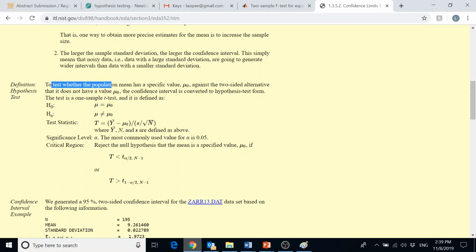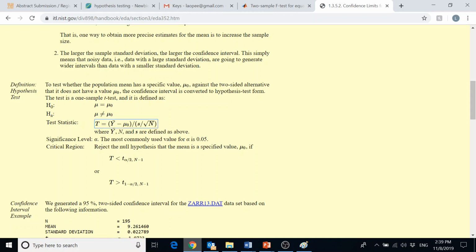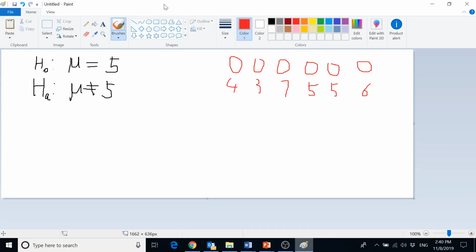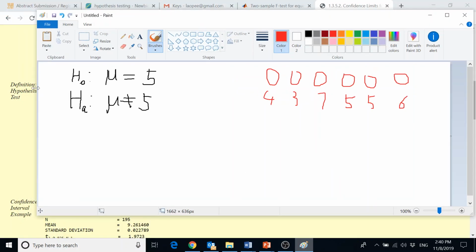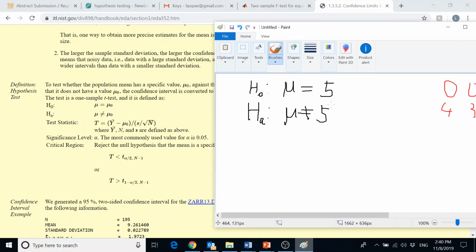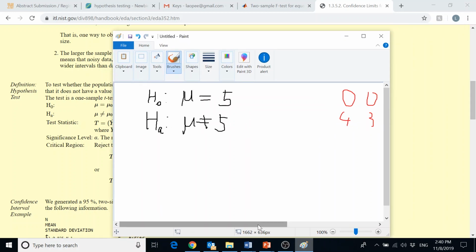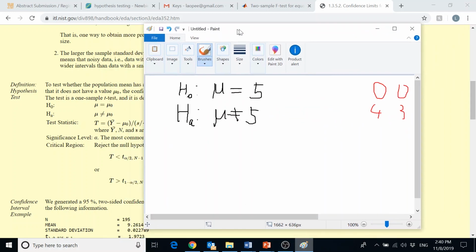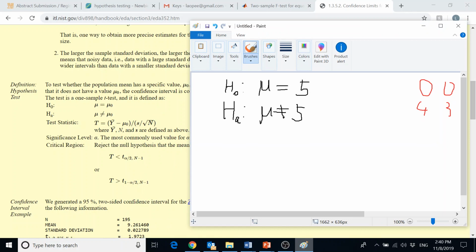You see the t-test, and then the test statistic. That's the formula you use to calculate the statistic; we call it the t-statistic. You have your mu 0, which in this case is 5. Then you have a whole bunch of data, and you calculate the t-statistic by just following the formula. There's not much to it.